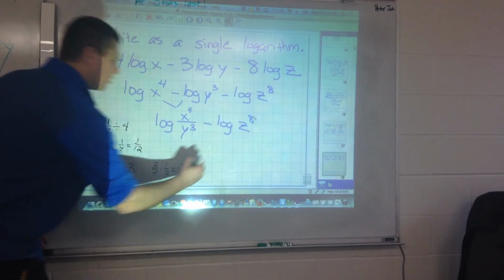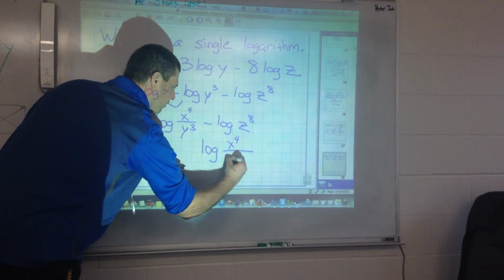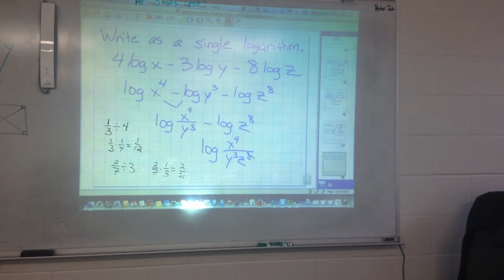So my final answer is simply log x to the fourth over y to the third z to the eighth. They're both on the bottom.